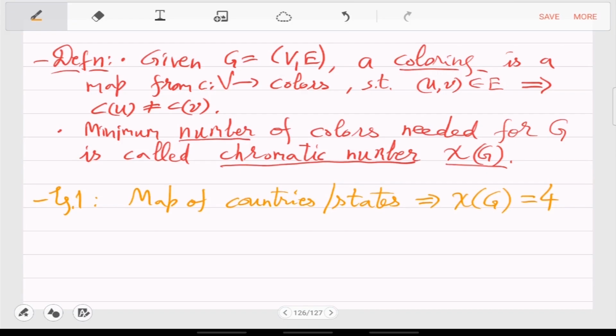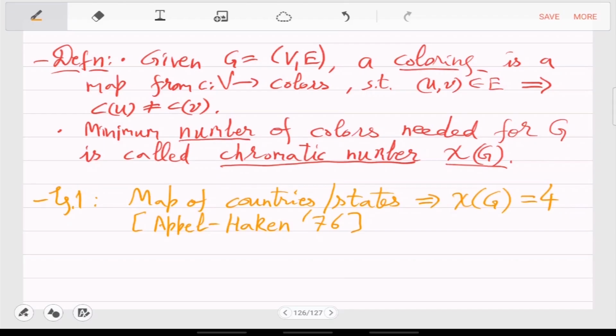This is a giant theorem which was proven by Appel and Haken in 1976.